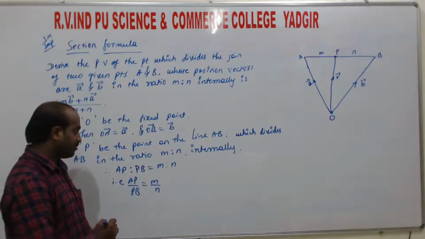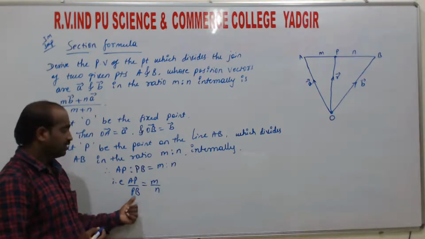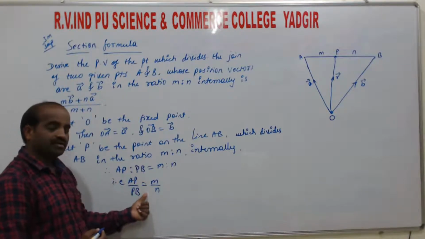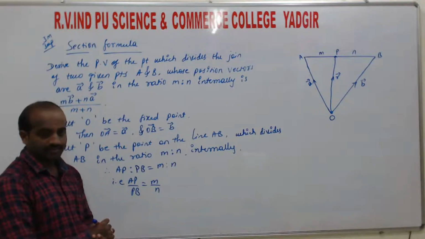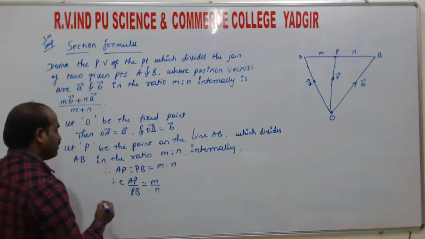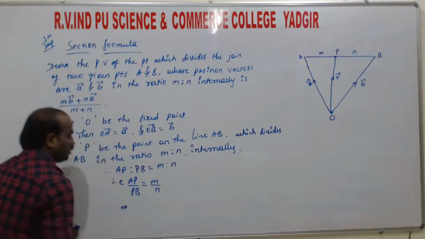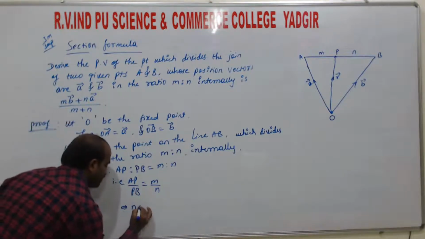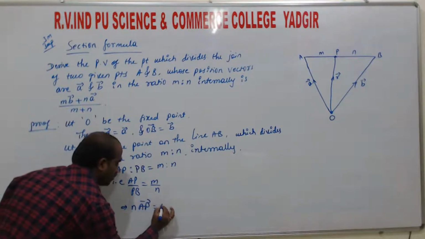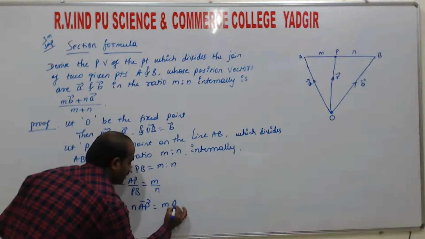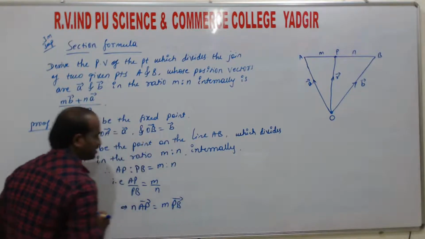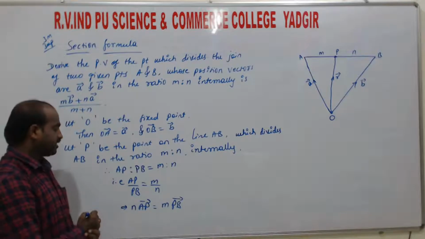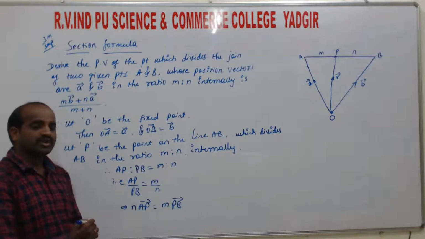Ratio means divide. Now, n into AP vector is equal to m into PB vector, by cross multiplication.